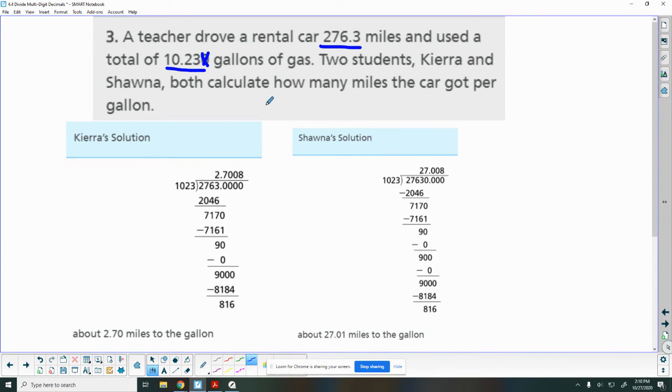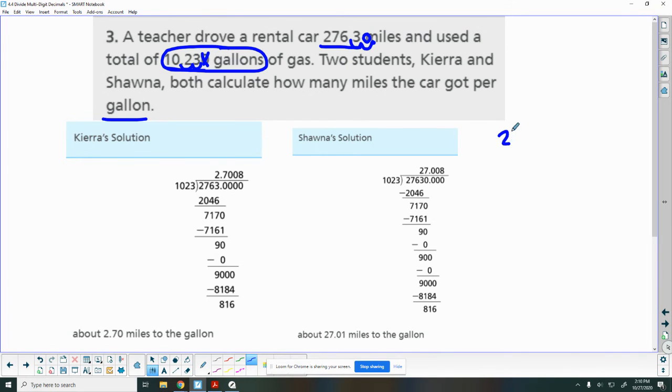So 2 students, Kira and Shauna, both calculated how many miles the car got per gallon. So again, we want to be dividing by the gallons. So I need to move my decimal over 2 places. So that means I need to move it here 1, 2, and I'm going to fill this in with zeros.